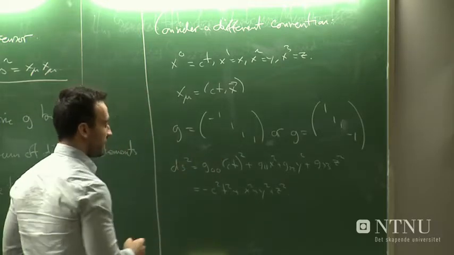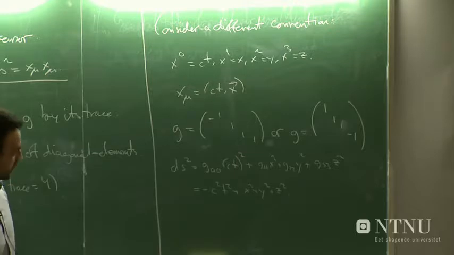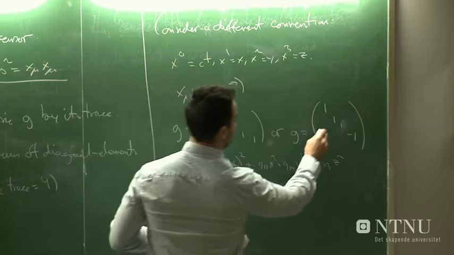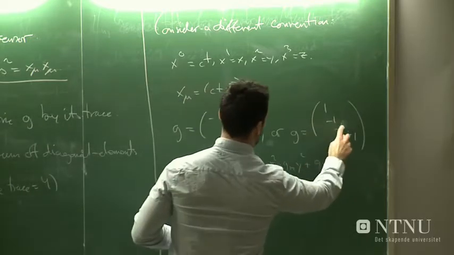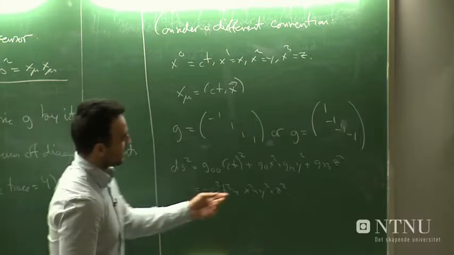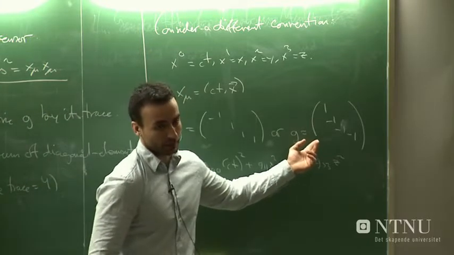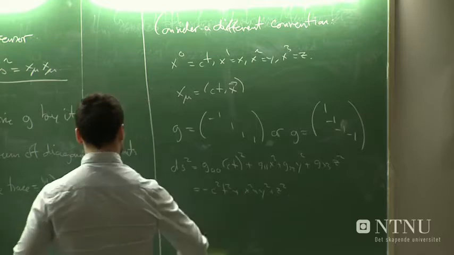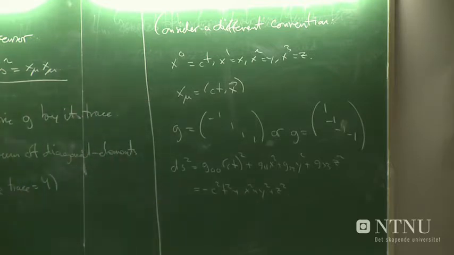This one has trace 2. Sorry, overall minus sign. Should be like that. And the trace here is minus 2. So for a given 4 vector, there are at least 2 possible choices for the metric.